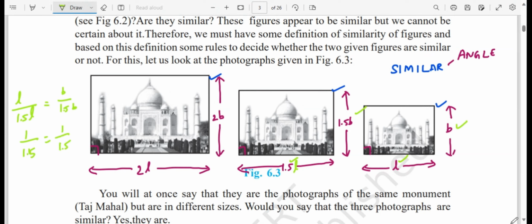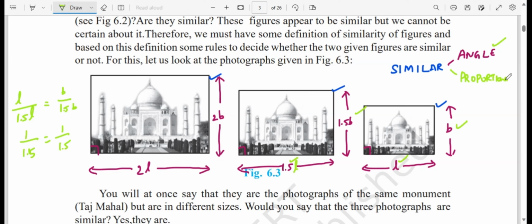It is in the same ratio. That means the length and the breadth are expanding or compressing in the same ratio. Okay. So one is that the angle plays a major role, and the second one is the proportionality of the sides.